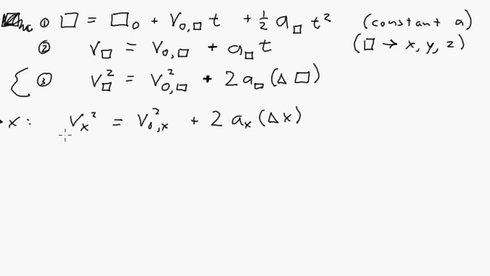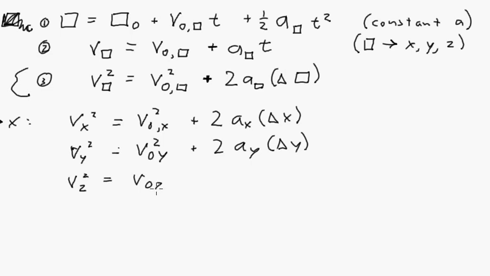That's all fine and good. Vy squared equals initial velocity in y squared plus 2 times the acceleration in y times delta y. And just for the fun of it, let's do it with z. Vz squared equals v naught in z squared plus 2 times acceleration in z times delta z.